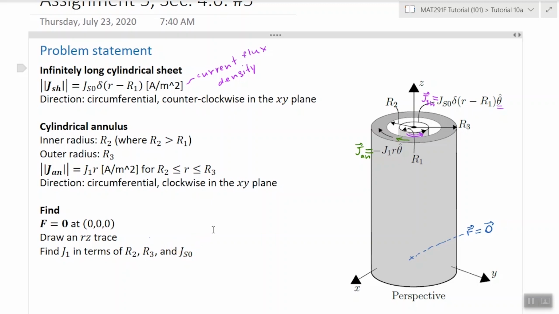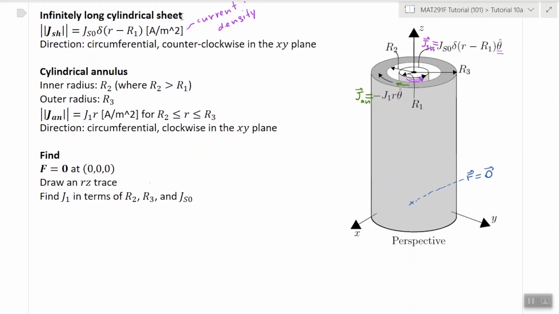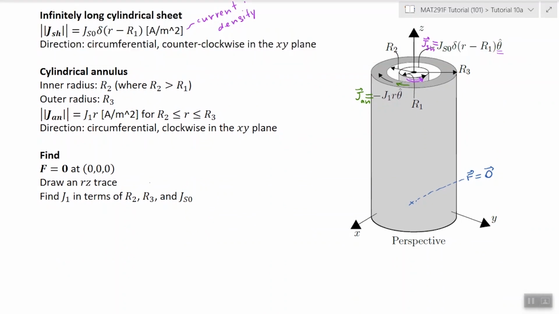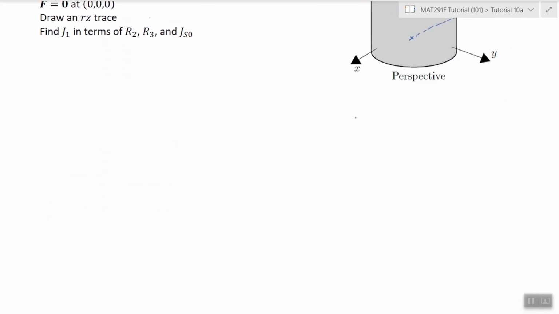Now, there are two ways to do this problem. One is using superposition, which is what the reading assignment does. And another is just by directly solving it. So we have two ways. Superposition, and direct solution.